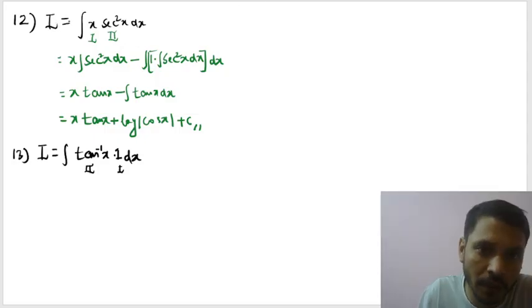If we apply by parts, here it is tan inverse x, so tan inverse x will be the first function, not tan, right? And this is the second function.